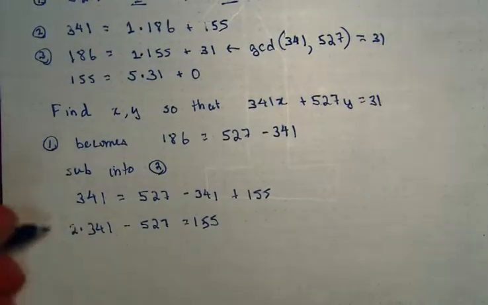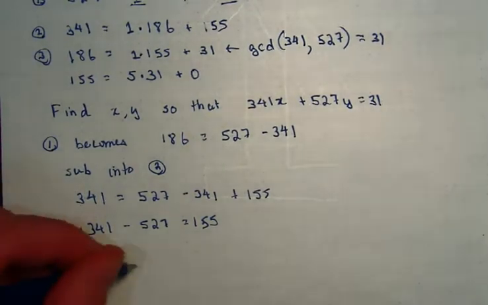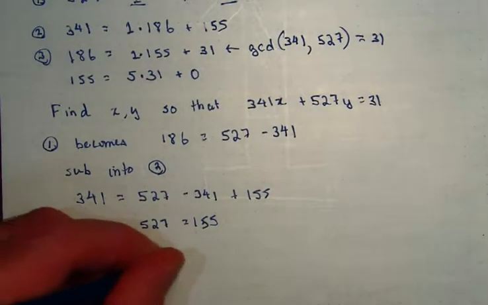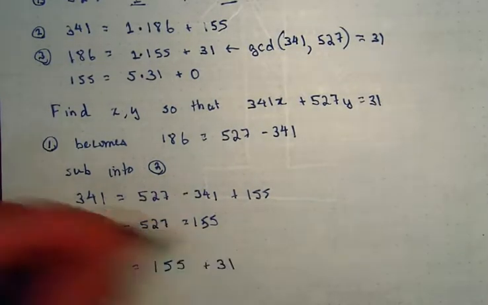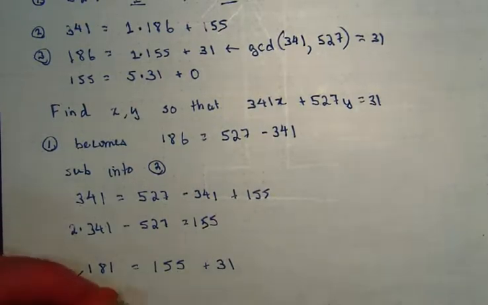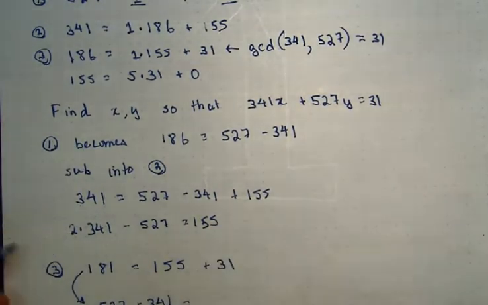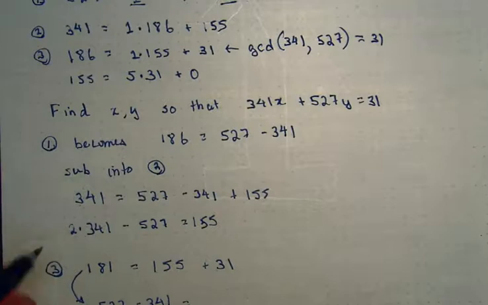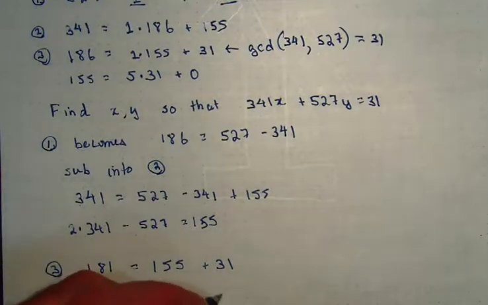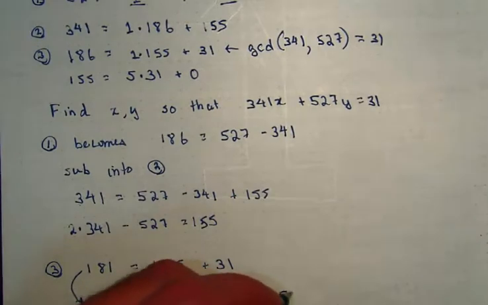So equation 3 started out like such. It was 186 equals 155 plus 31. And we're going to do our substitutions here. So we have 527 minus 341 equals, and we're not going to write 155. We are going to write 2 times 341 minus 527.